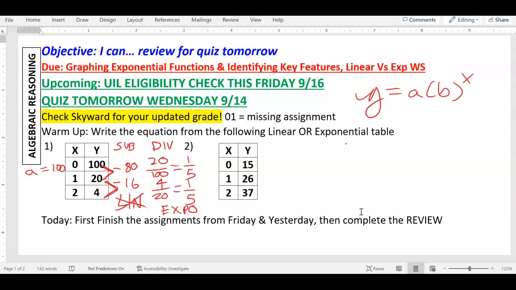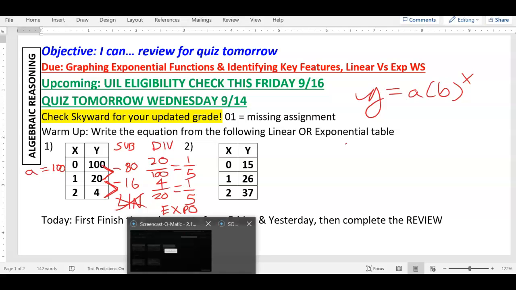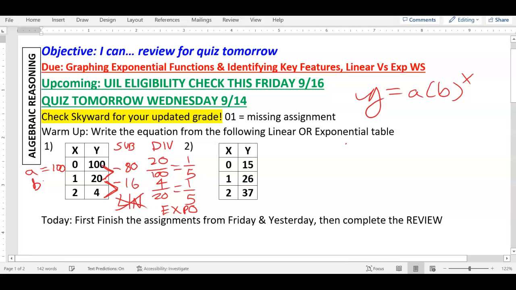Okay. What about b? So b is my rate. When I divided, what did I get? 1 over 5. So that's my b. So a is where it starts, b is the rate. So if you know a and if you know b, you can write it as y equals a times b to the x.